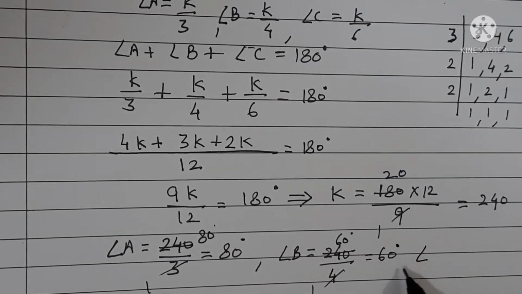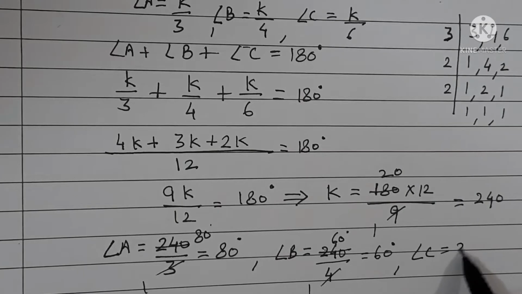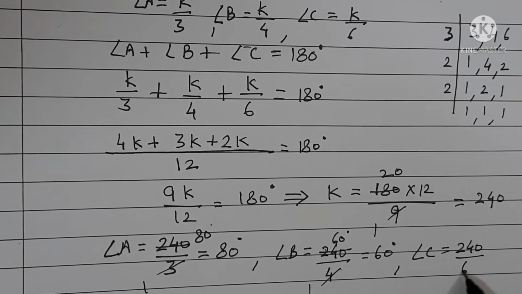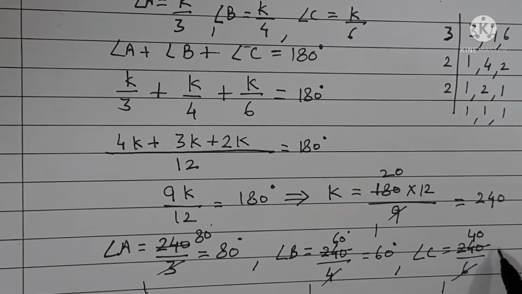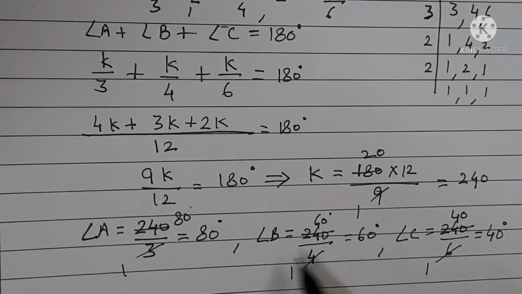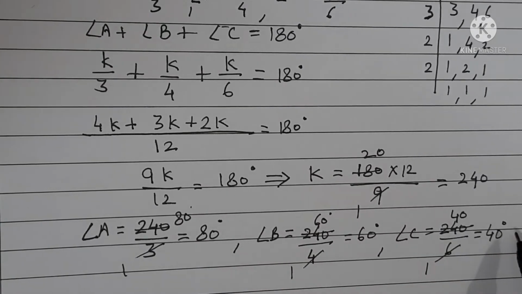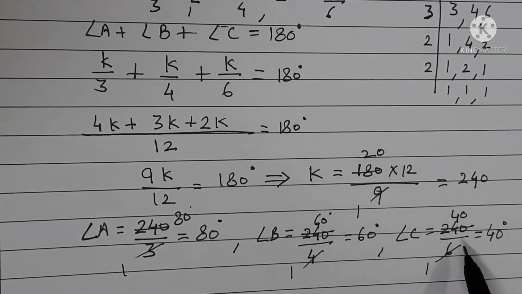Angle C is equal to K upon 6, means 240 upon 6. 6 1s are 6, 6 4s are 24 and 0, 40 degrees. Now the sum of these three angles A, B, C will be 180 for verification. 60 plus 40 is 100, plus 80 is 180 degrees.